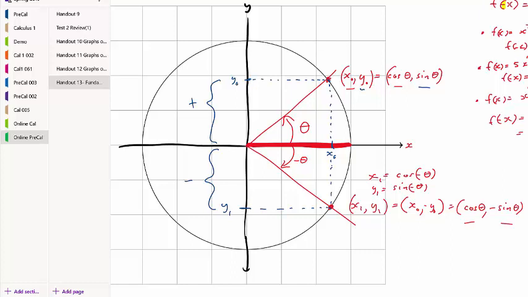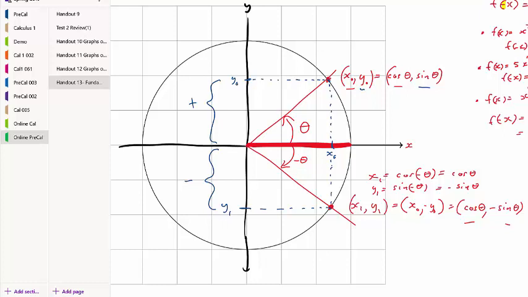So both these things right here imply that cosine negative theta is the same thing as positive cosine theta, and sine of negative theta is the same thing as negative sine theta. And this will be true for any theta on the unit circle. So this implies that cosine theta is even and sine theta is odd.